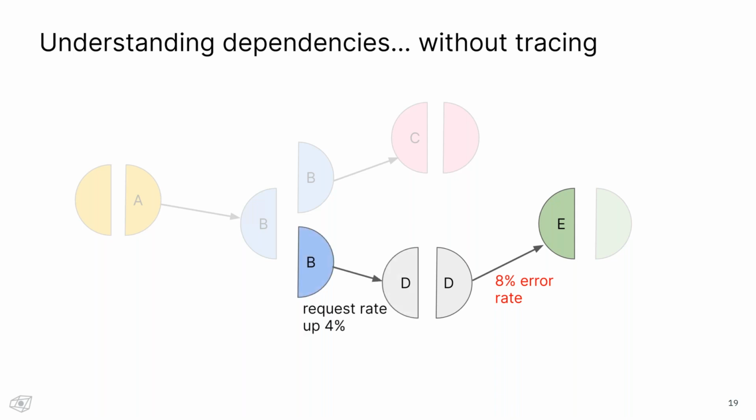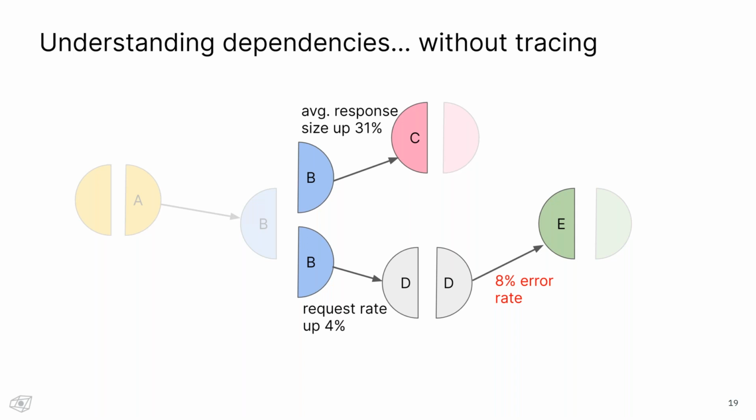But why is it? Is it because the request rate from B to D increased? Or is it because the response size from C to B increased? These are things that without tracing, you have to evaluate in isolation. You can see these three data points, but you can't see them in the context of each other.